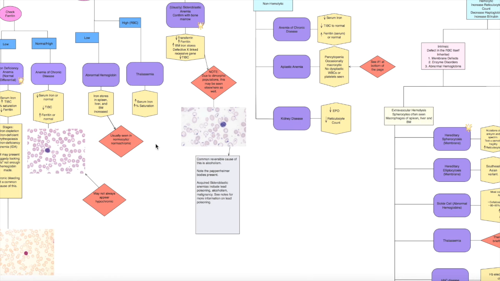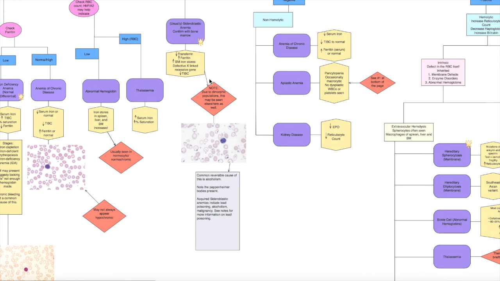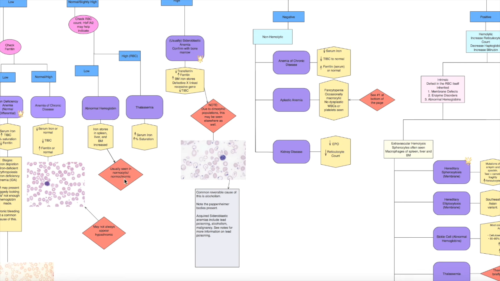I've taken some of the pictures out of the slides that we have done in class and attached them to the ones that I thought were most prominent. These red boxes are notes that I've made of things that may not usually be seen, like in the abnormal hemoglobin, it's usually in the normocytic normochromic area.